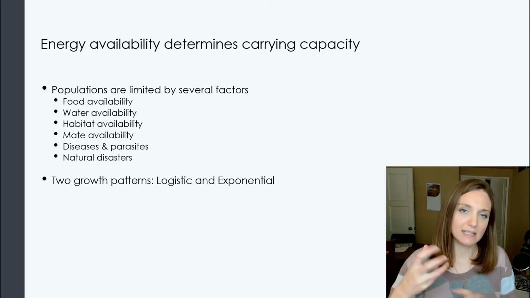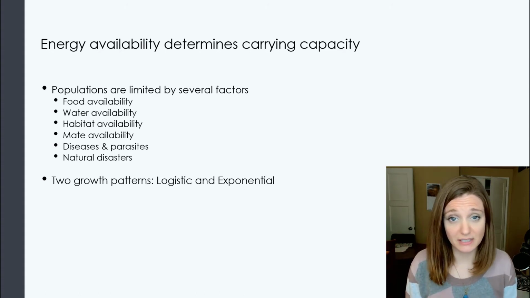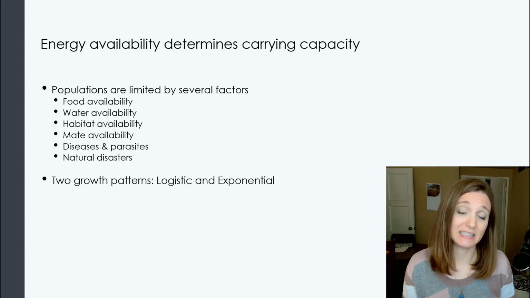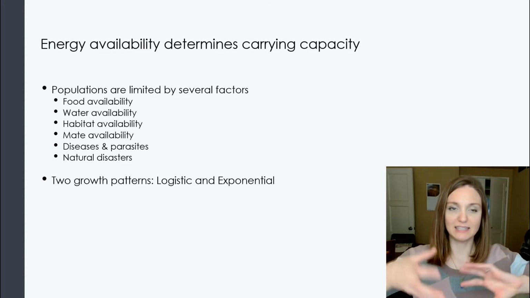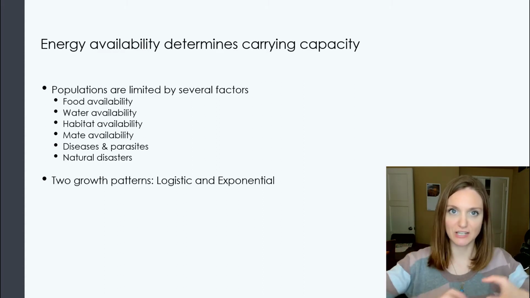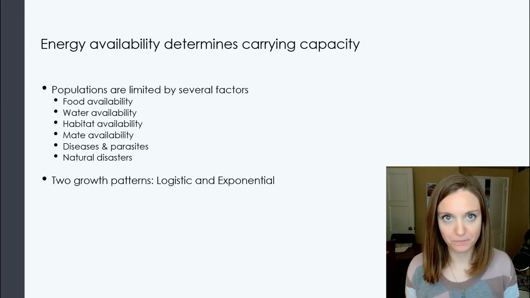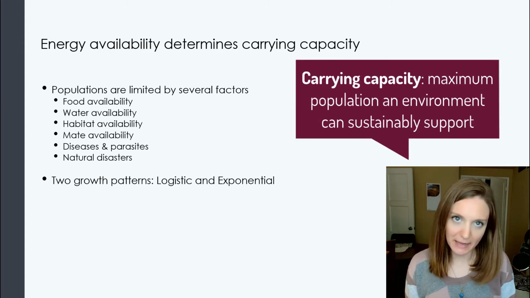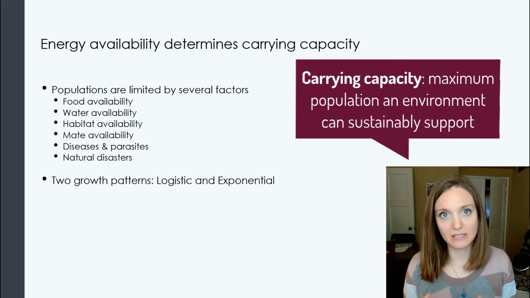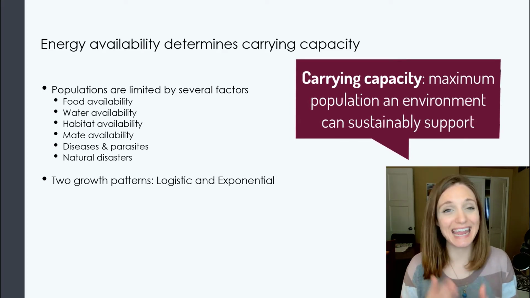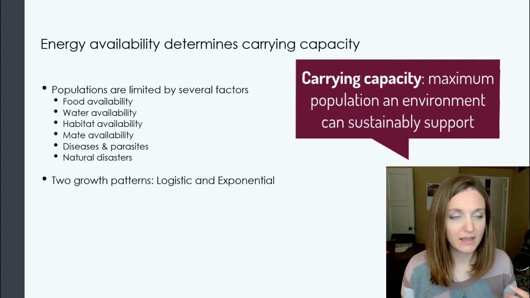So all of these things, especially the density-dependent factors, things like food availability, habitat space, mate availability, we can take those and conceptualize those limitations on a population as what we call a carrying capacity. A carrying capacity is the maximum number of individuals an environment can sustain indefinitely.